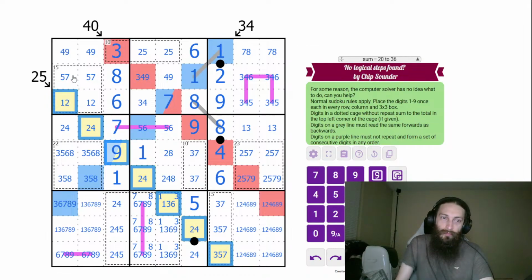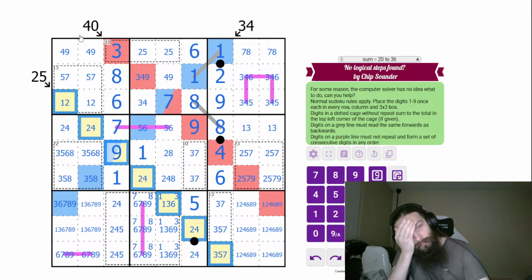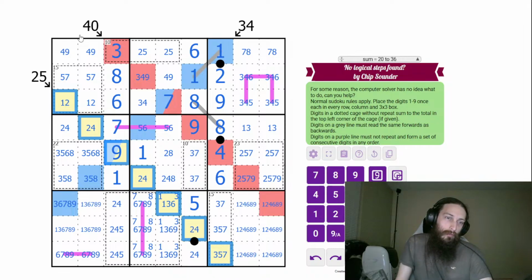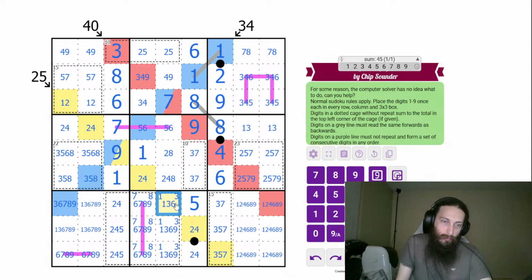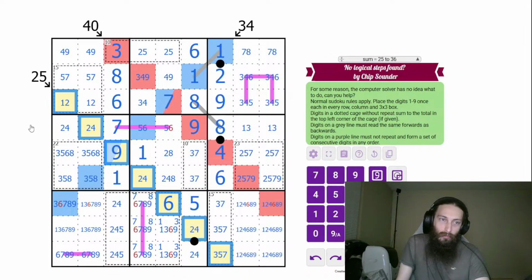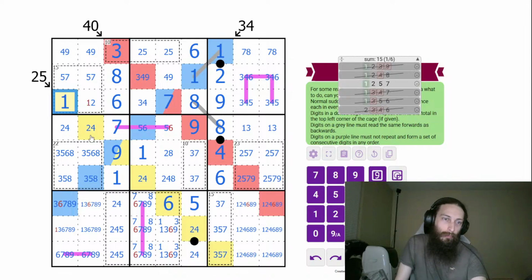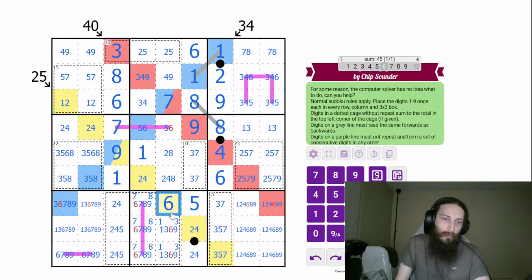Yellow set is 5 more than minimum. Okay, if this was a 6, then that would make the yellow set minimum 25, which means I would need to put a 1 and a 2, which would break this. So this isn't a 6.